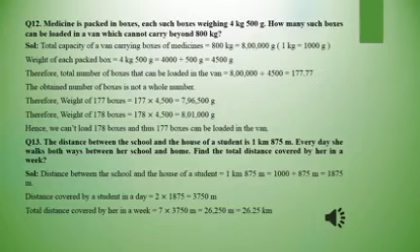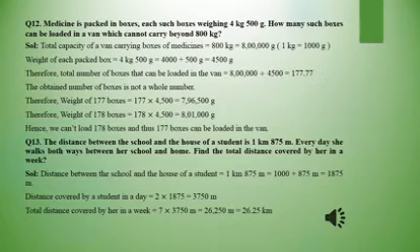So again, converting this into grams, 4 kg is equal to 4000 grams, and plus we have 500 grams with us. So the total weight would be 4500 grams. And therefore the total number of boxes that can be loaded in the van is equal to, we take the total carrying capacity of the van and divide it by weight of each packed box. Here it comes out to be equal to 177.77, which is not a complete whole number.